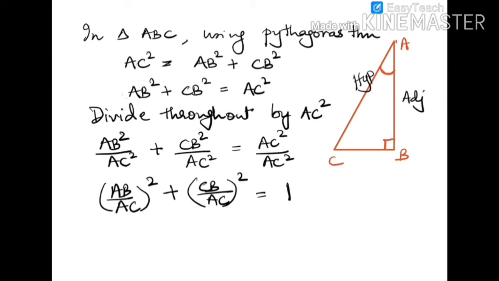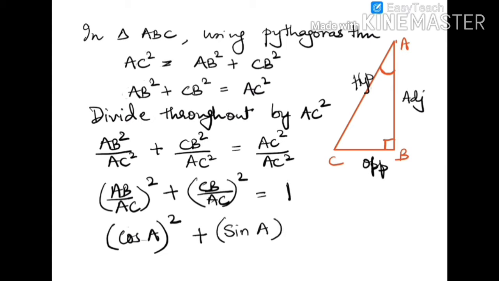So AB upon AC is adjacent upon hypotenuse for angle A. So we can write this ratio as cos of angle A square plus, now CB is the opposite side to angle A. So CB upon AC is opposite upon hypotenuse with respect to angle A. So this ratio will correspond to sin A in brackets to the power 2 equal to 1. cos A whole square is written as cos square A, and sin A whole square is written as sin square A, equal to 1.